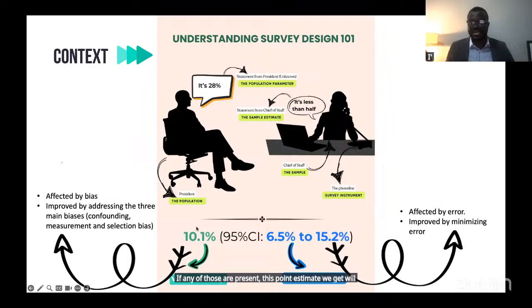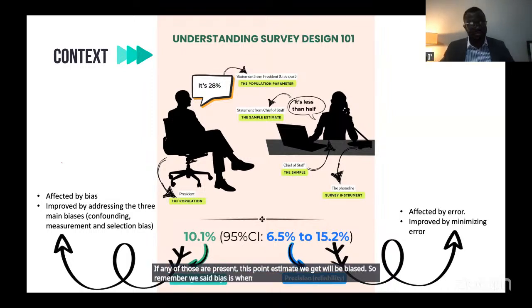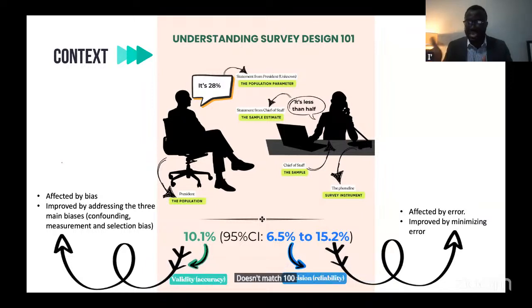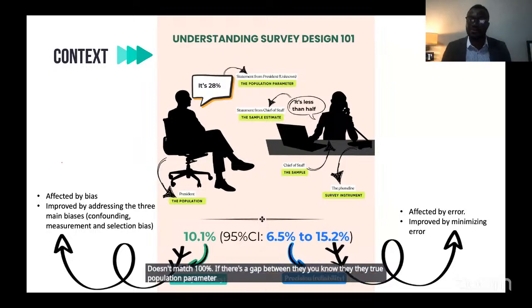So remember we said bias is when what the secretary tells you and what the president tells you doesn't match 100%. If there's a gap between the true population parameter and what we have gotten, then the difference, if it's not equal to 0, means we have bias.